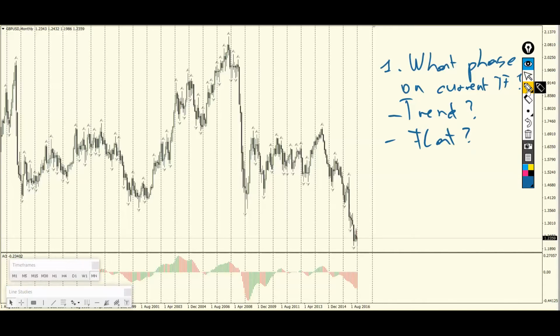And the second thing that I'm looking for is reference points that will allow me to understand that the market is, for example, not in a flat phase anymore, but is now in trend, or the opposite way: the trend stopped and a flat phase started.